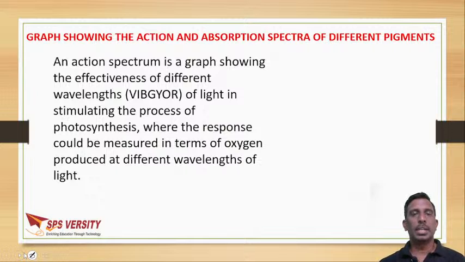So here we come to the action spectrum and absorption spectrum. Action spectrum is a graph which shows the effectiveness of photosynthesis at different wavelengths of light. Photosynthesis will take place in the visible range of light, that is 400 to 700 nanometers.